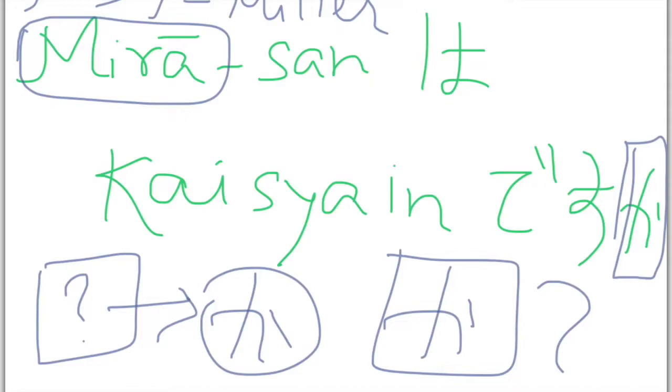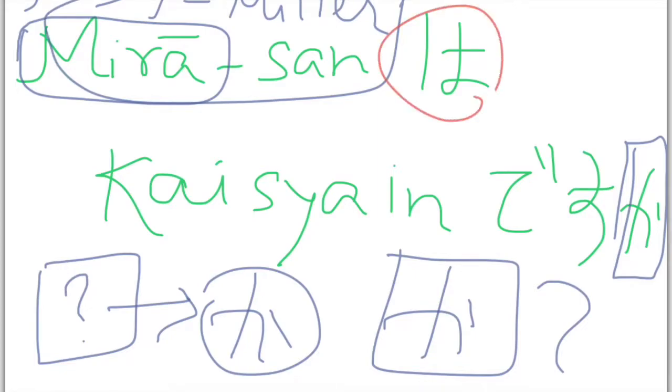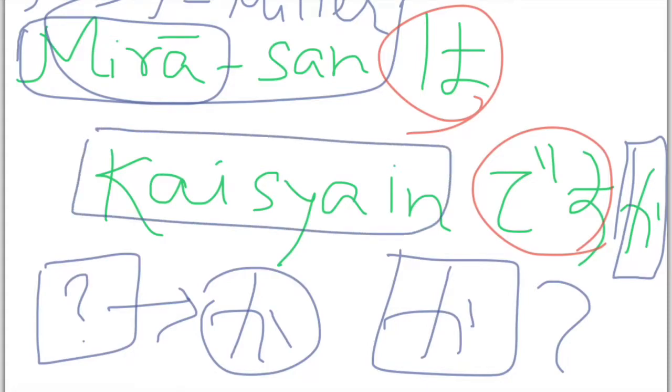So here it says Mira-san wa kaishain desu ka. Mira-san is one word, obviously. Kaishain means someone who works, an office worker, you can say.